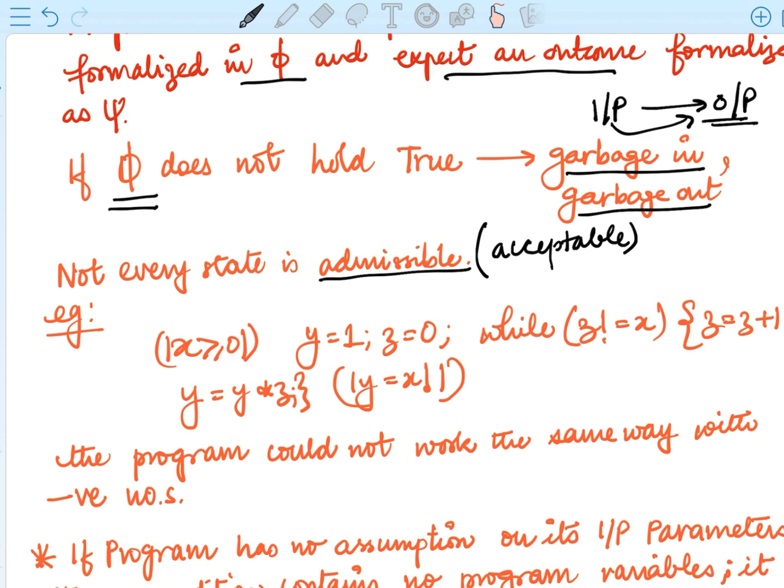The state where the variables read 0 will not be admissible. Right? This is important to understand because it's not that we assume the input and get a specific output. We need to understand that there are some reachable states that we can reach in order to fulfill the program's requirement.